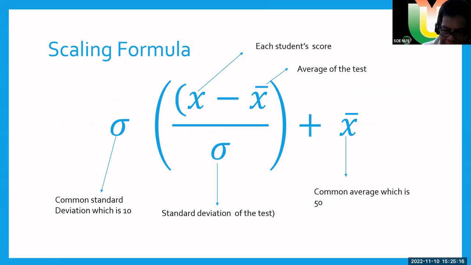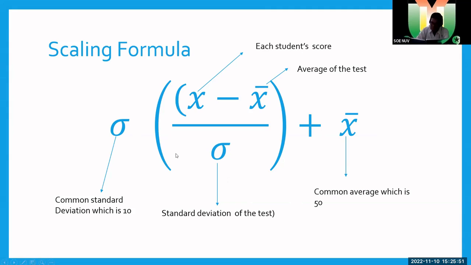Because we are talking about proportional distribution of performance across all subjects, we need to scale all the scores for each subject under one common standard deviation and one common average.